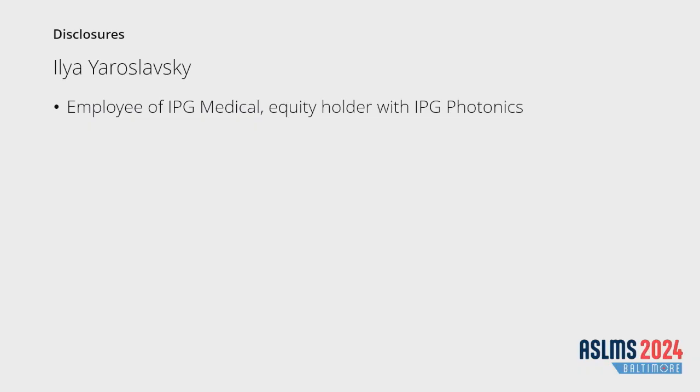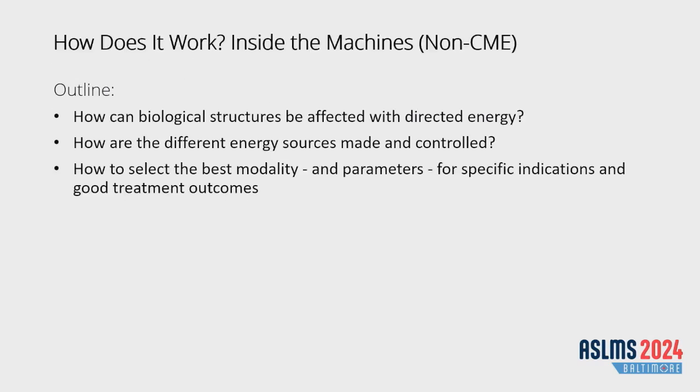In our presentation, we would like to focus on 3 subjects. First, Ilya will present some ideas about biological structure and interaction with different energy sources, which is probably the first time we're doing this. Normally we talk about light tissue interaction, but today I'd like to present a bigger picture.